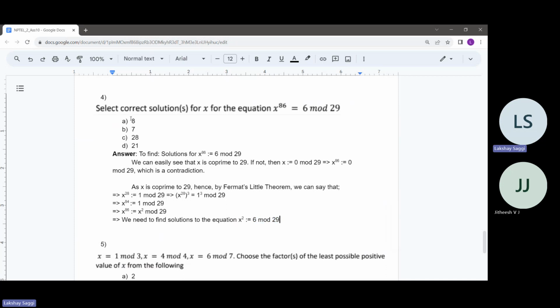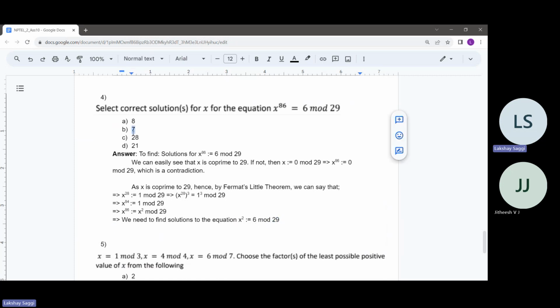So what we can do here is just check all the options, and that's why this is an MCQ based question. You can just check whether 8 satisfies this congruency or not. You can easily check the value of 8 square, which is 64, whether 64 leaves a remainder of 6 when divided by 29.